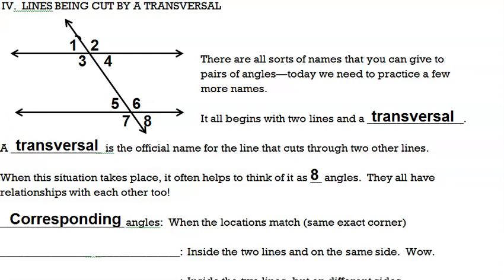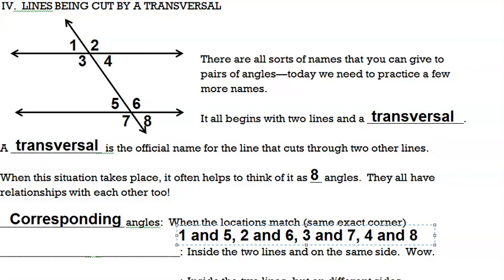So for instance, 1 and 5 are both in the upper left of their corner. Okay, so in this case, 1 and 5 would be corresponding. You can use the exact same concept to list off even more. So 1 and 5, 2 and 6, 3 and 7, 4 and 8. That would be a great example of corresponding angles.